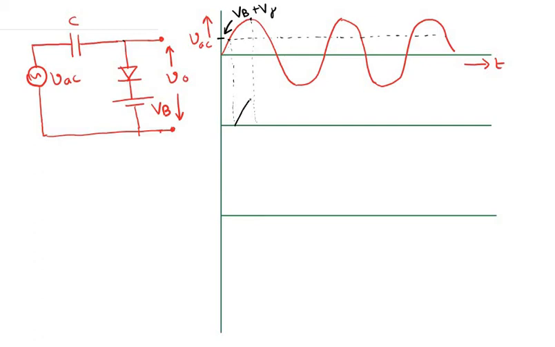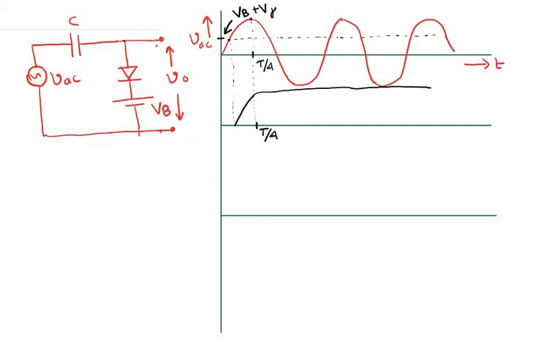The voltage across the capacitor increases, and it reaches its maximum at the time T by 4, where the input voltage is at its maximum value. After that the capacitor voltage remains more or less constant because it cannot discharge.